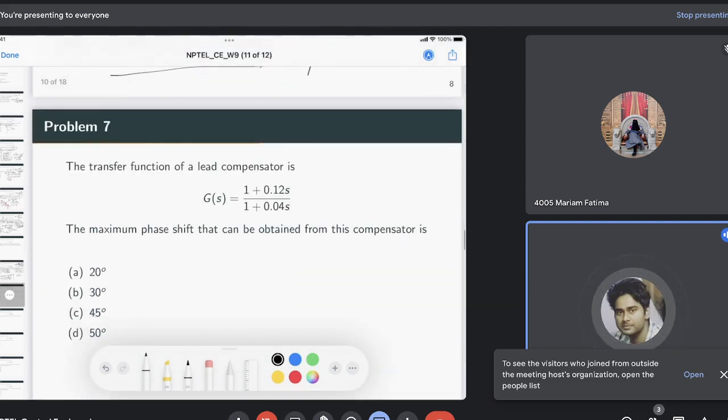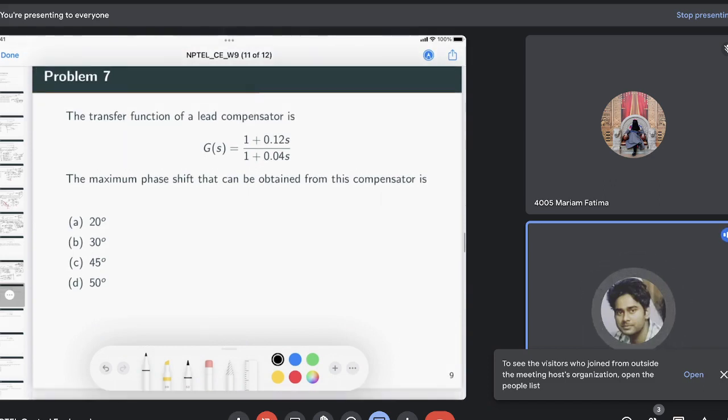Then we move to the next question. We are again given a lead compensator. We are not given the gain, so in the S domain it is (sT) divided by (1 plus alpha T s).